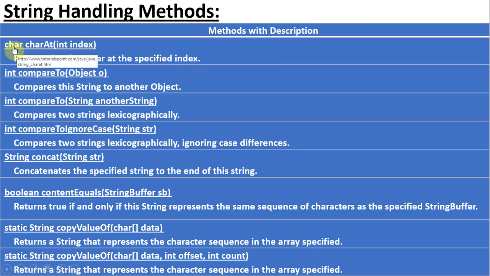So the return type is character. charAt is the name of the method, and the parameter we need to pass is the index number, an integer.